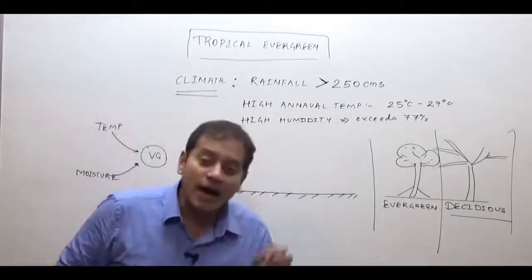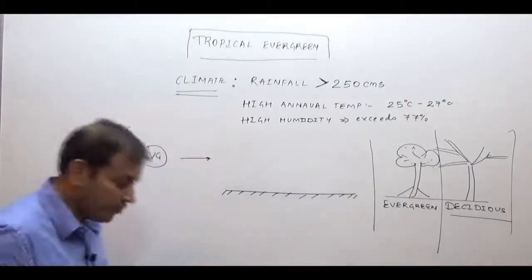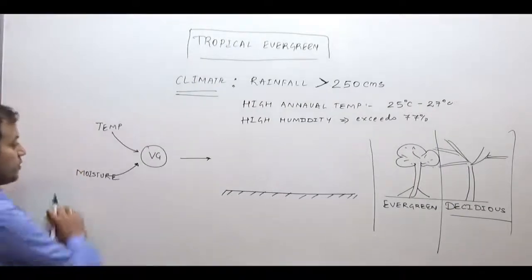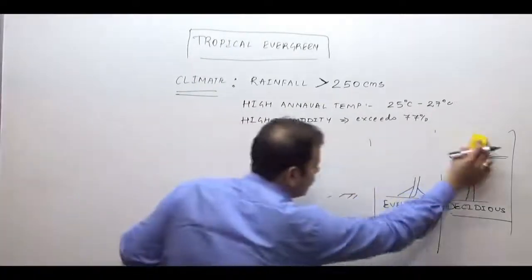So due to high amount of humidity and high amount of moisture, the trees grow throughout the year, because both the two inputs are available. The trees grow throughout the year.